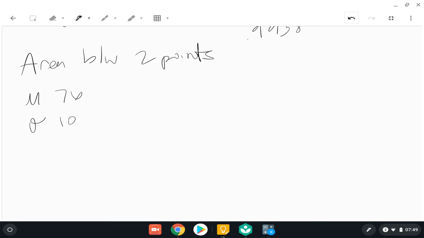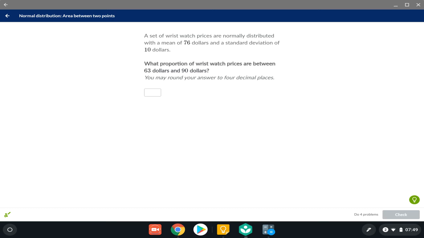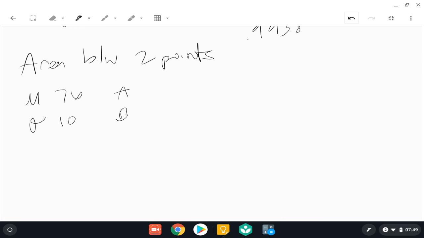And what are my two values? Point A and point B. Let's see. $63 and $90.